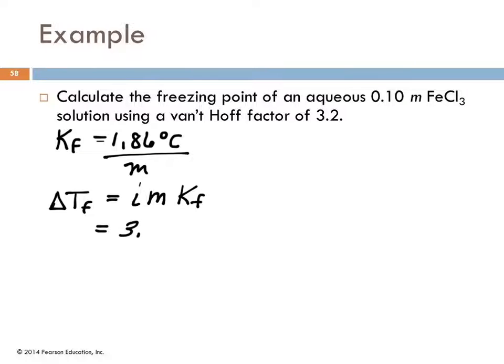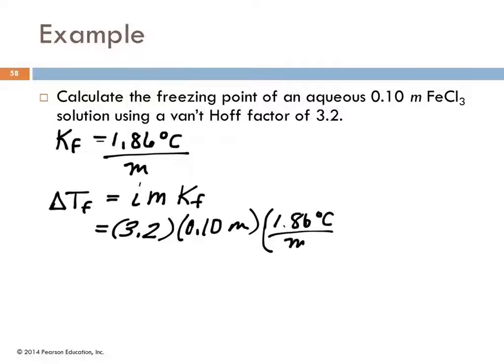They gave us i, it was 3.2. They gave us the molality, 0.10 molal. And the freezing point depression is for the solvent, which is water, 1.86 degrees Celsius per molal. 3.2 times 0.1 times 1.86.